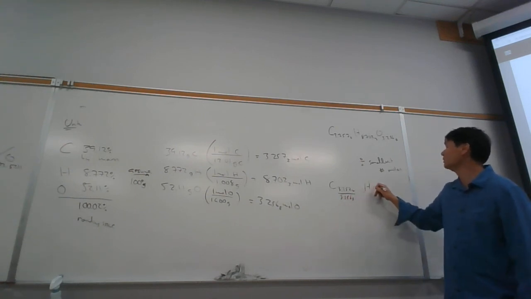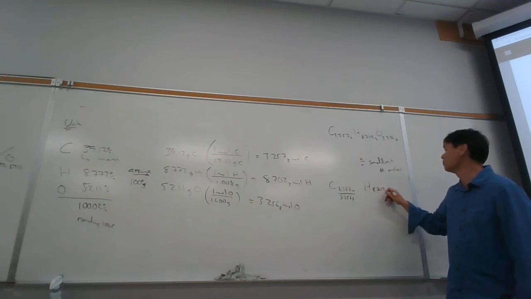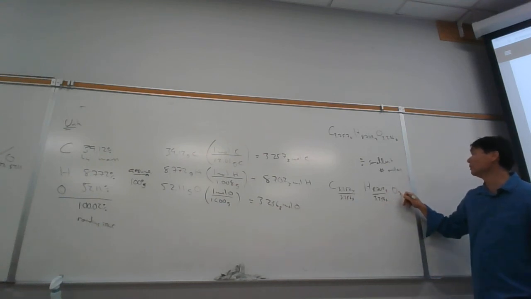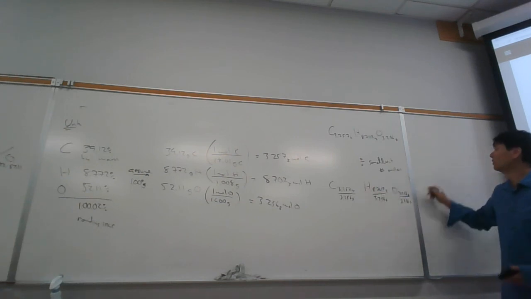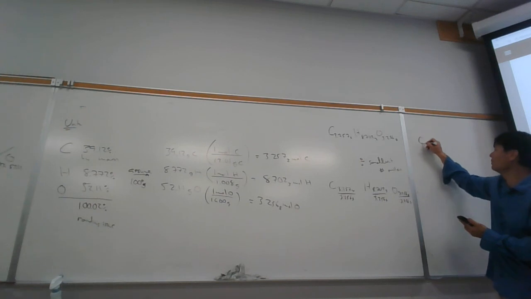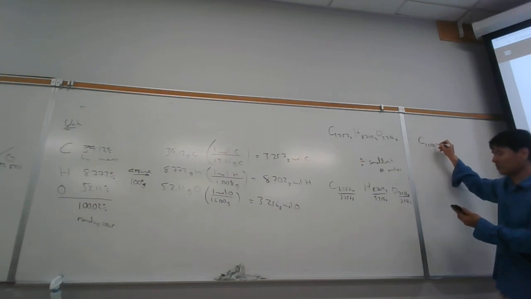Hydrogen is going to be 8.7023 divided by the smallest, 3.2568. And then oxygen will be 3.2568 divided by 3.2568. So let's see what that gives us. 3.2572 divided by 3.2568 gives me carbon 1.0001.